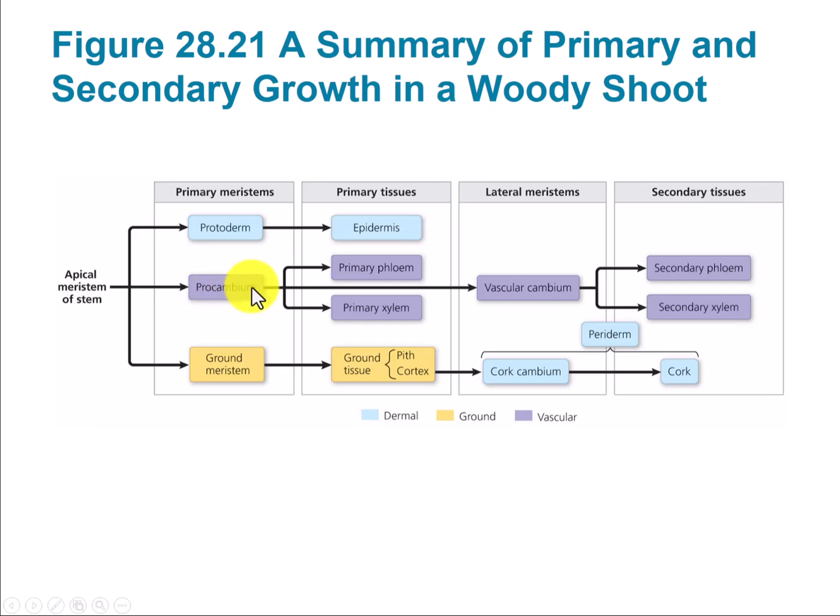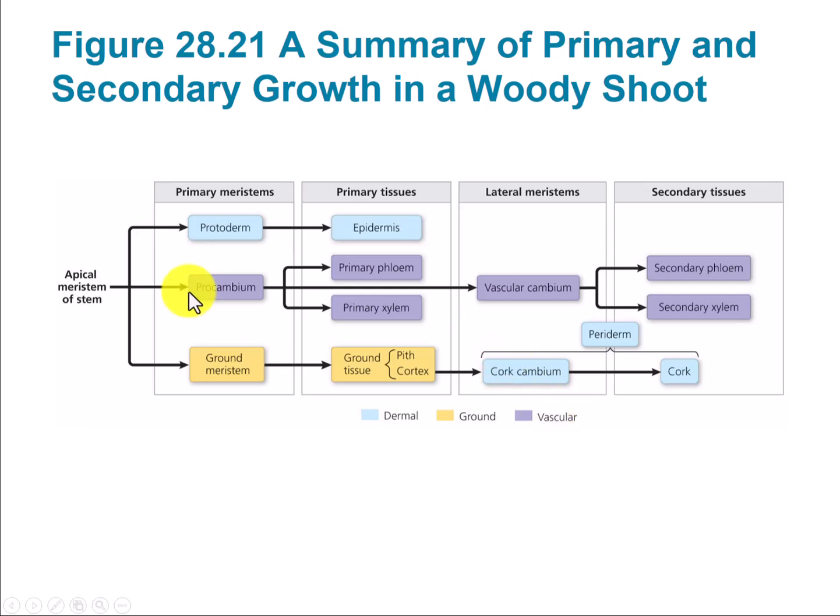The procambrium will be the primary phloem and the primary xylem. And then the ground meristem will go into the ground tissue or the pith and cortex. So ground tissue is made up of the pith inside the vascular tissue, and the cortex outside the vascular tissue, between the vascular tissue and the dermis.